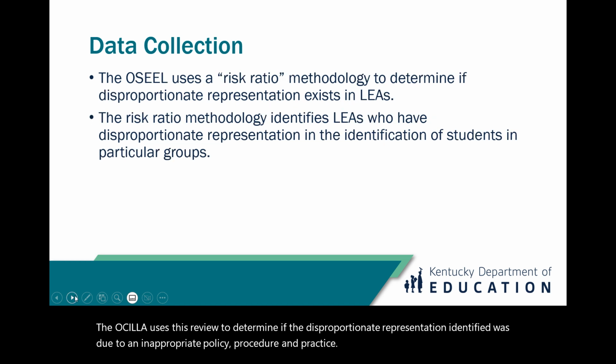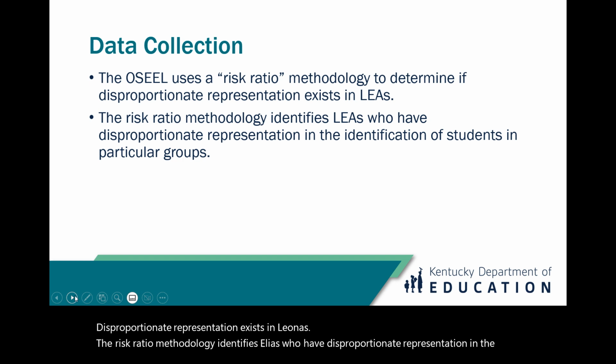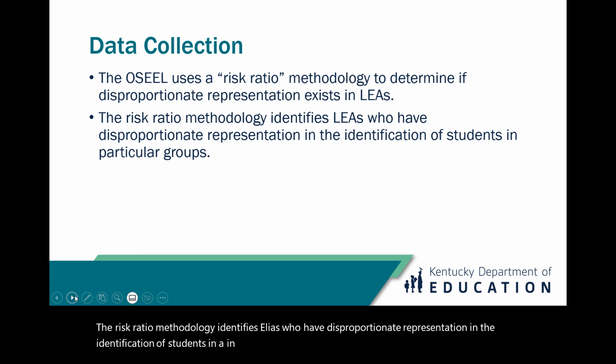The OSEAL uses risk ratio methodology to determine if disproportionate representation exists in LEAs. The risk ratio methodology identifies LEAs who have disproportionate representation in the identification of students in particular groups.